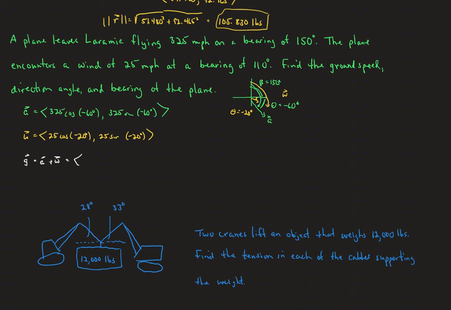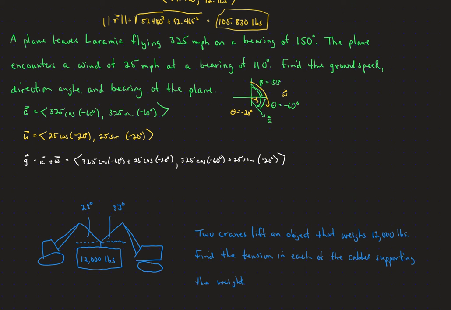So that's going to get us to <325 cosine of negative 60 plus 25 cosine of negative 20, 325 sine of negative 60 plus 25 sine of negative 20>.